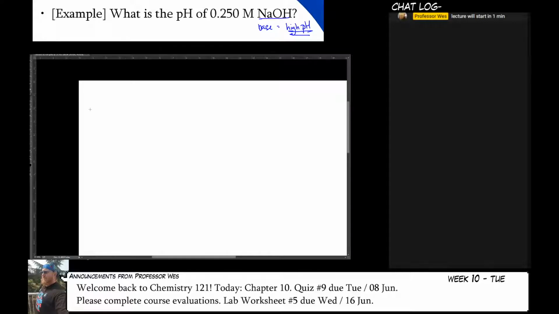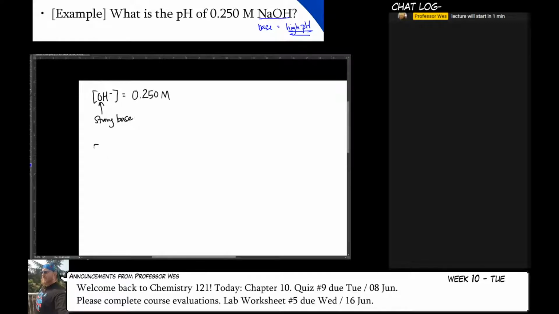Now, because it's hydroxide... Oops, hold on, I've got to get a color that's visible here. I know that sodium hydroxide is a strong base, so I can trust that number and put it straight into the equation.